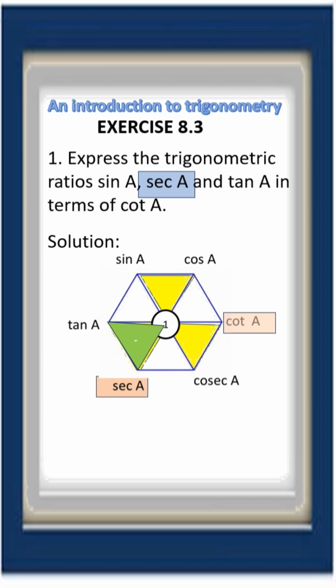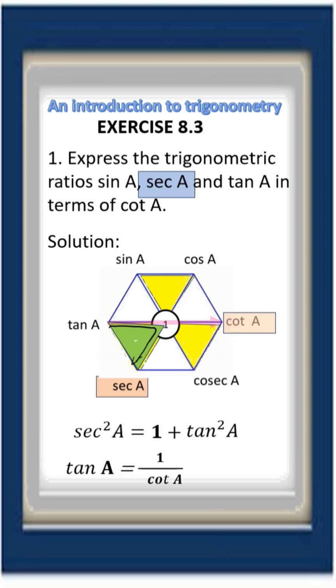So tan square A plus 1 is equal to secant square A, or secant square A is equal to 1 plus tan square A. Now we can express tan in terms of cot, isn't it? Because we want the answer in cot ratio. So we know that tan and cot are reciprocal ratios. Tan A is equal to 1 by cot A. All these are rough work. We need not scribble it in your exam book.